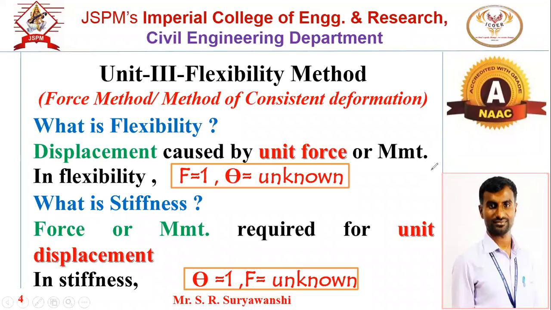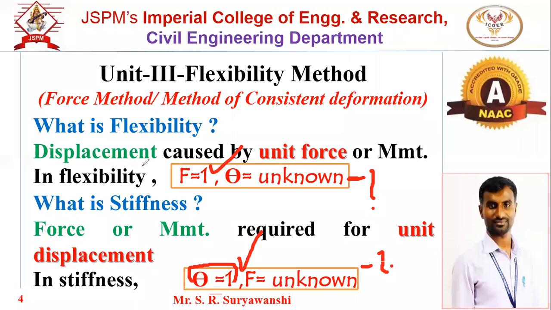In case of flexibility, we work out the displacement when force is 1 kilonewton, and stiffness is the force required for the unit displacement. Means in case of stiffness, we have to find out the force when the displacement is unit, or 1.